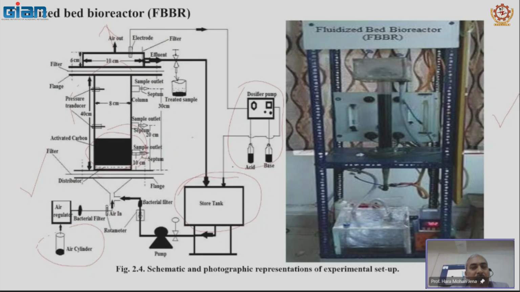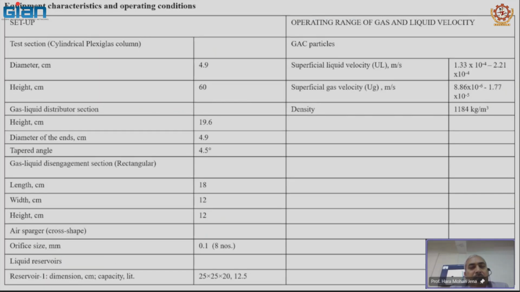So then the air out is here, and then effluent from the bioreactor is coming, recycle is done. It is a semi-batch type of system. And when the treatment is achieved to the desired level, the treated water is taken here, or intermittently, to know how much degradation is there, sampling is done at this location. The equipment characteristic is given here, so I am not discussing in detail this equipment characteristic, but it is a laboratory scale.